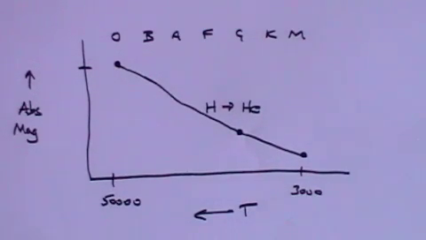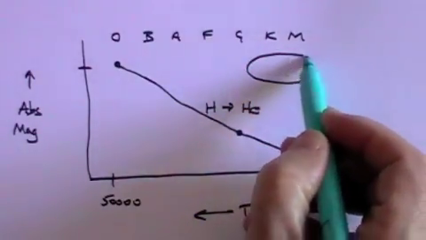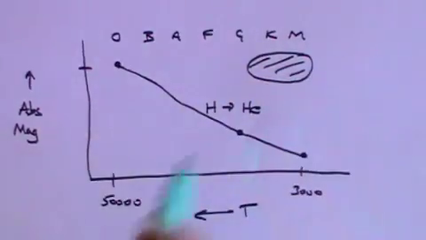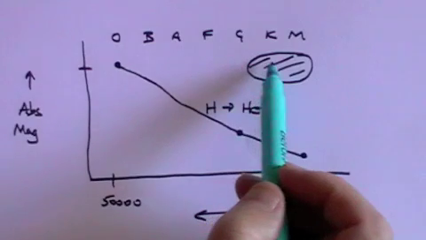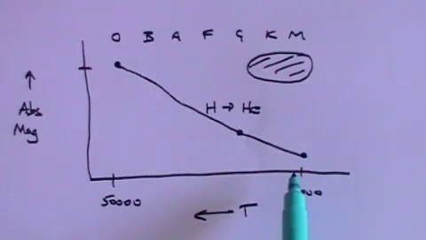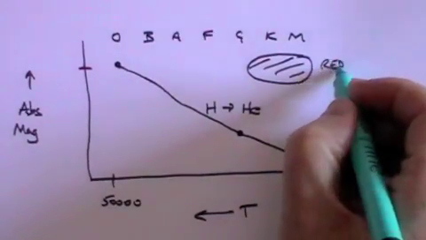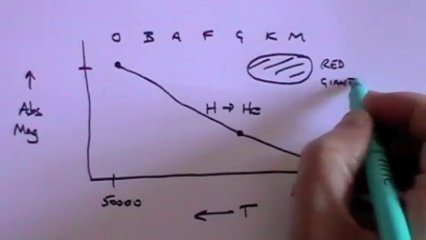What Hertzsprung and Russell found was that there was another group of stars up here in this category. If we look, what we find is that they have a high absolute magnitude, but a relatively low surface temperature. And they are called the red giants.